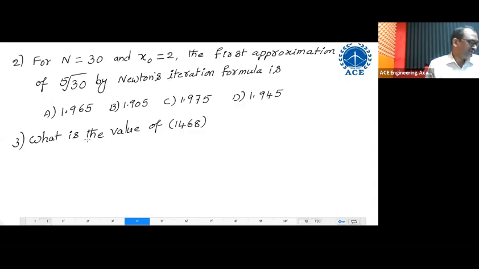Sorry, what is the cube root of 2, to 3 decimal places?